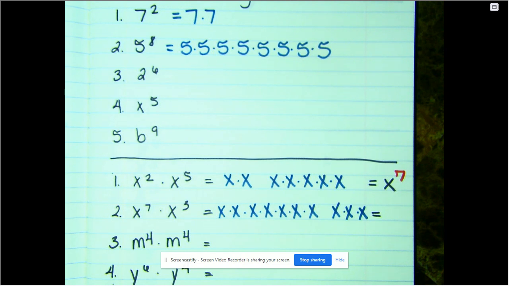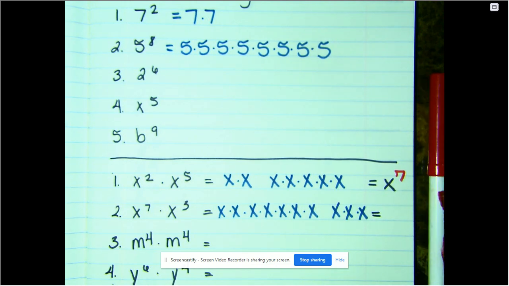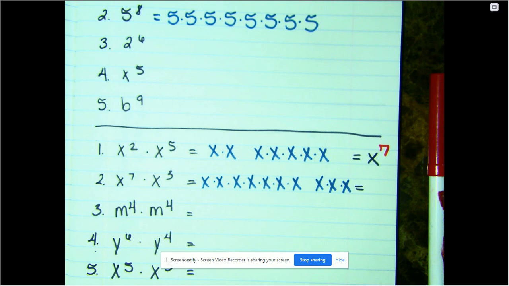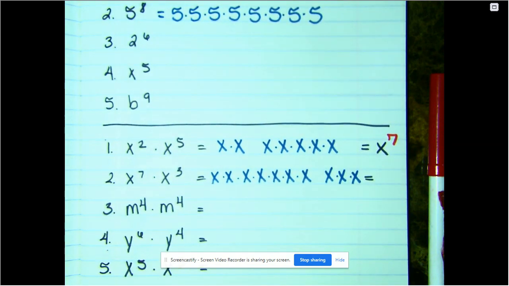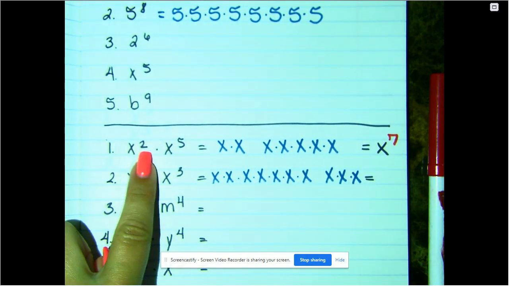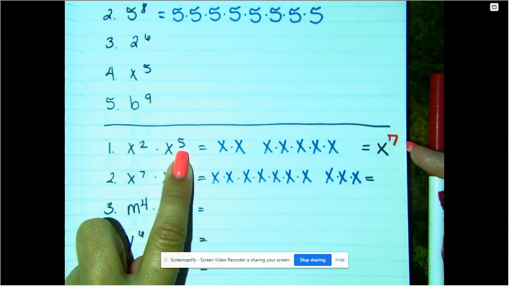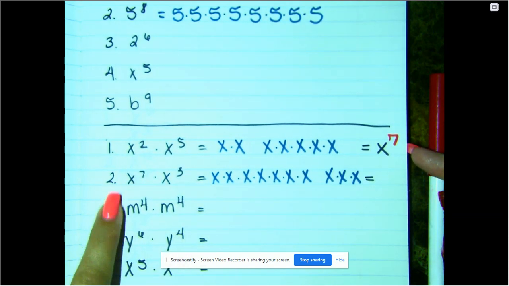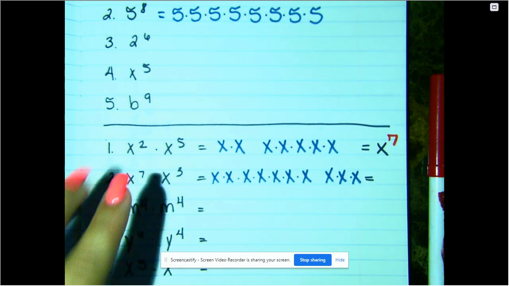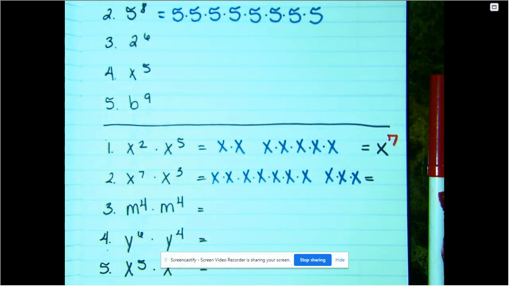Okay, you're going to do that same concept for the rest of 1 through 5 and the part 2. And then your reflection question today on your exit ticket is just going to ask, is there a relationship between x to the 2nd, x to the 5th that gave me x to the 7th? And did that same relationship apply for all of them?